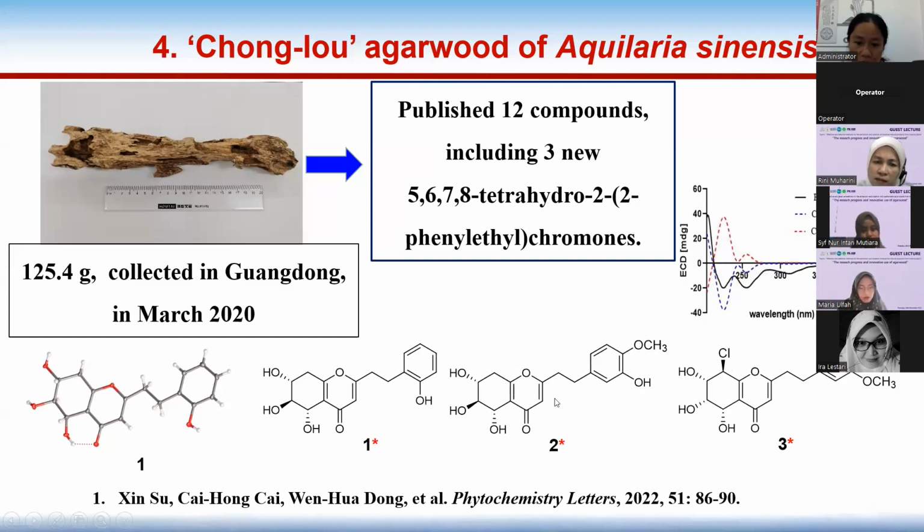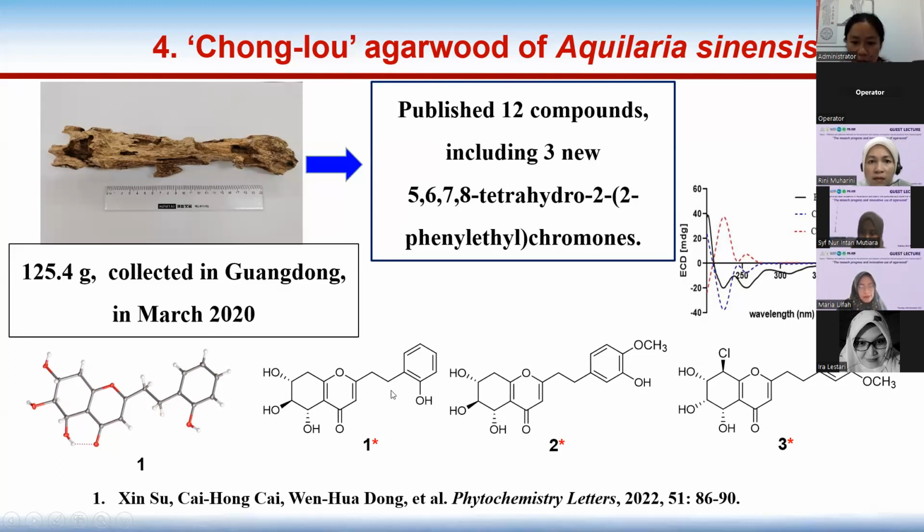Here there are only 3 new compounds, but actually we also have some known compounds. But all of the chromones isolated from this sample have this character. So this is very rare, very seldom reported from agarwood.